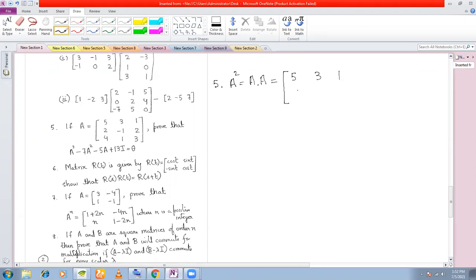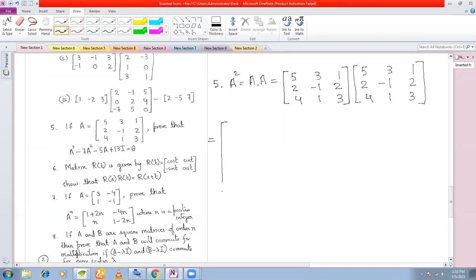So 5, 3, 1, 2, minus 1, 2, 4, 1, 3, and this is again 5, 3, 1, 2, minus 1, 2, 4, 1, 3. Now multiply these two matrices.